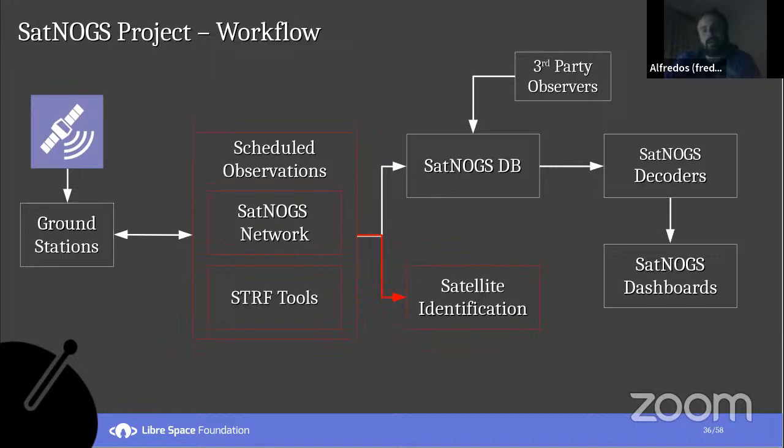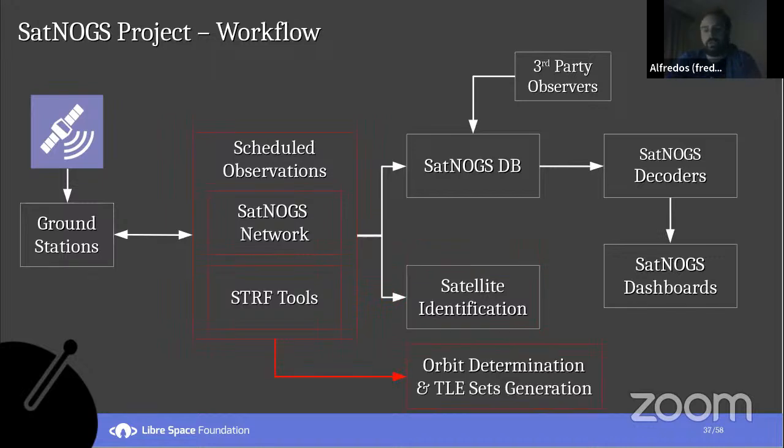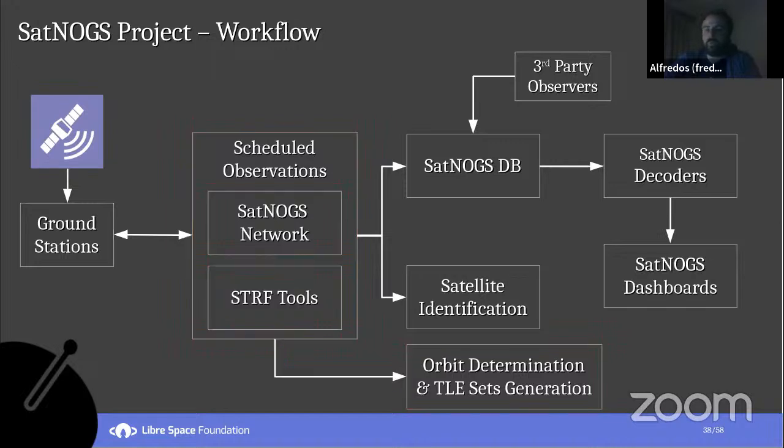And with the same logic and the same data, we can also determine the orbit and create our own orbital data, our own TLE sets. So more or less, this is the workflow that we have in the SatNOGS project.